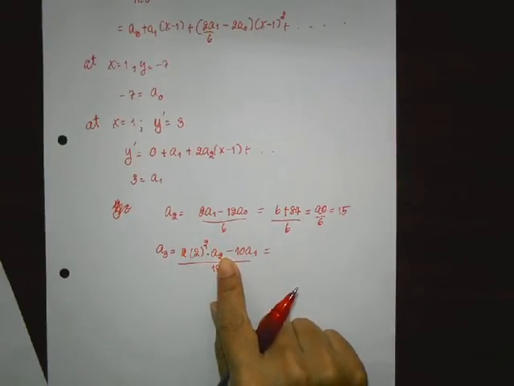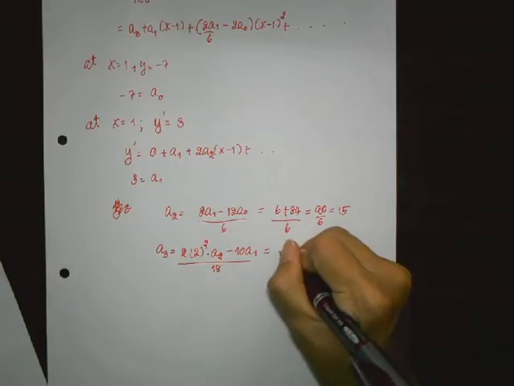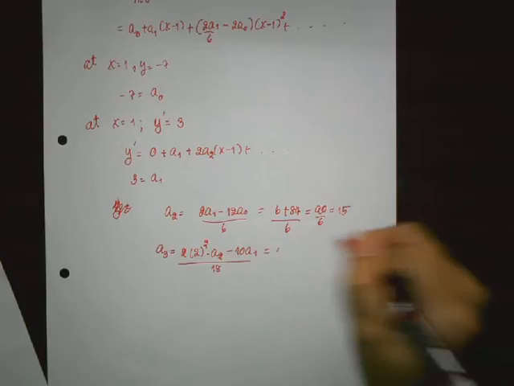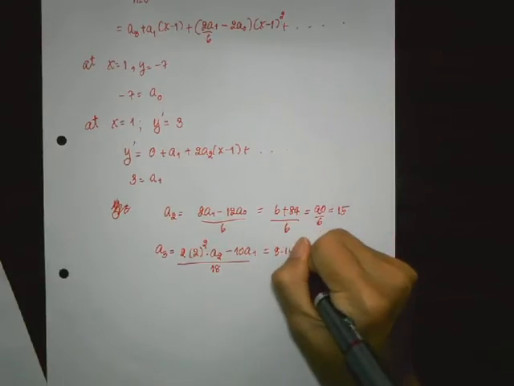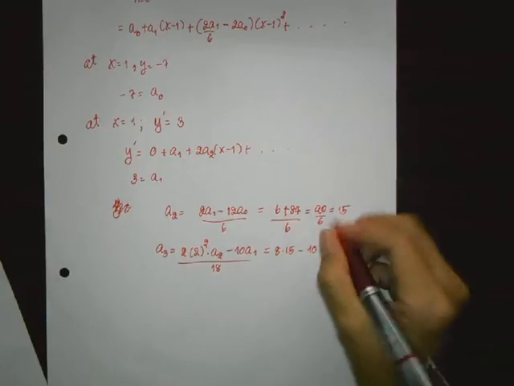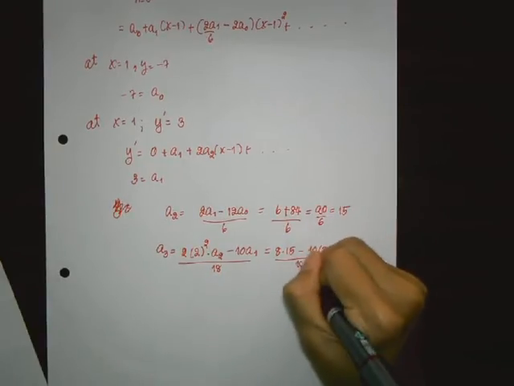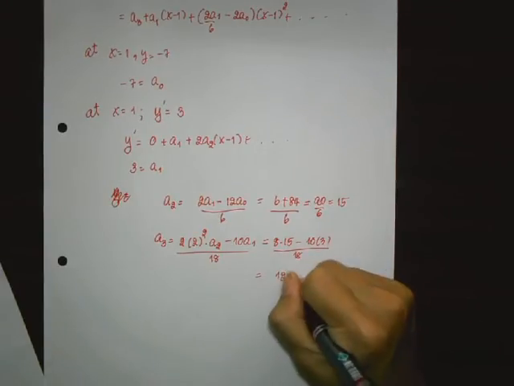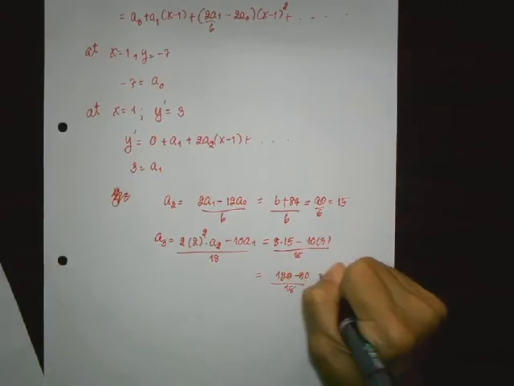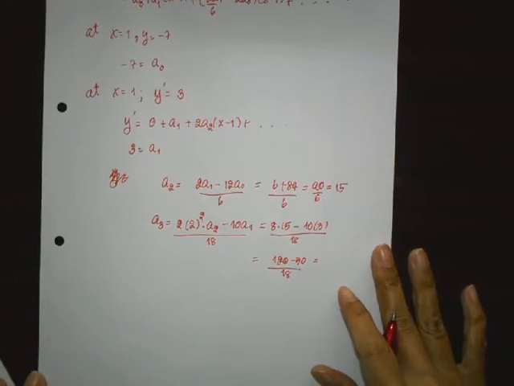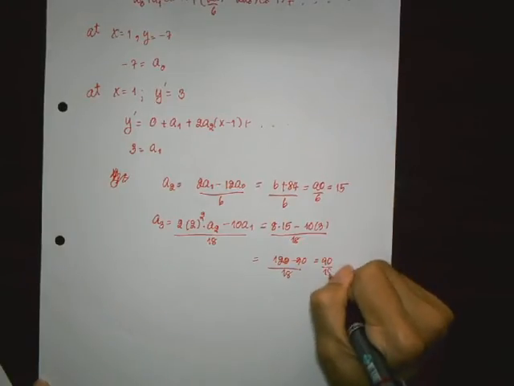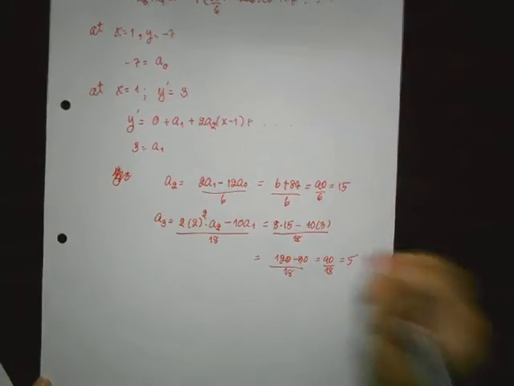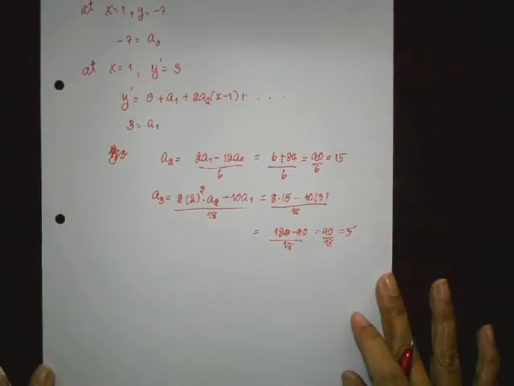So 8 times 15 minus 10 times a1, which is 3, divided by 18, which is equal to 120 minus 30 divided by 18, which is equal to 90 divided by 18, equal to 5, right?